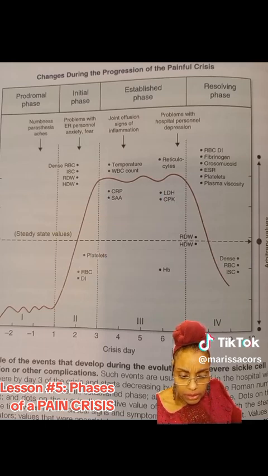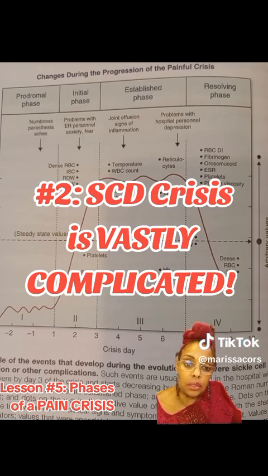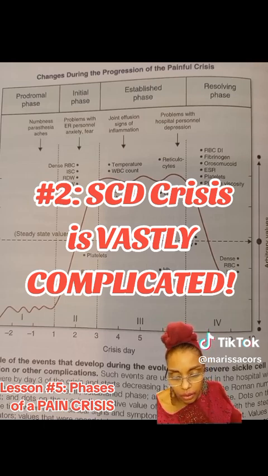And it doesn't just give you a physical description of what the patient might be going through, but it gives a mental and emotional description, as well as what is happening in terms of blood tests and things of that nature within the body, and the pain scale.